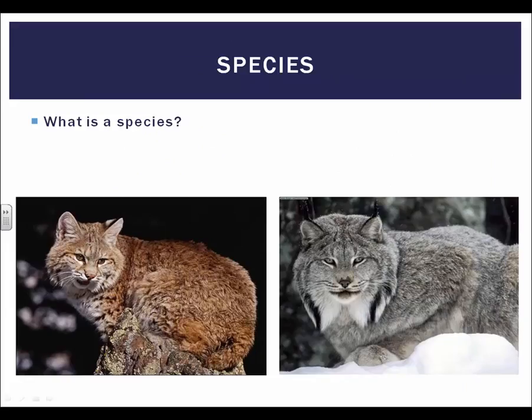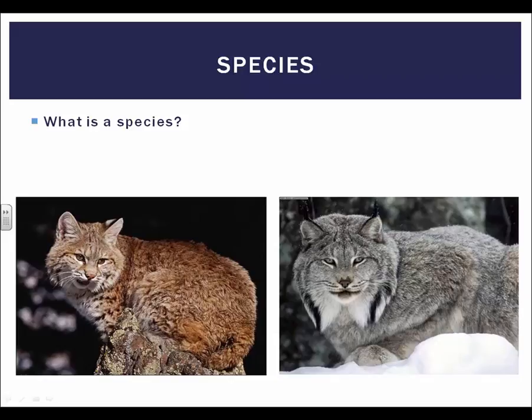All right, let's define a species. A species is a population or group of populations whose members share certain types of characteristics. Generally, the definition that most books give you is that a species is a group of interbreeding organisms.